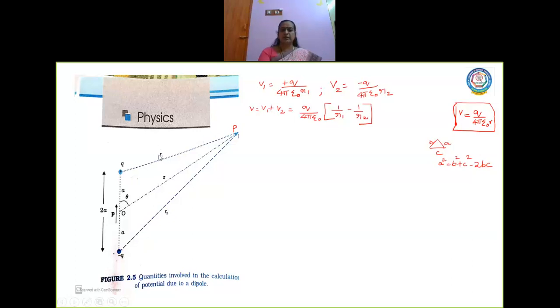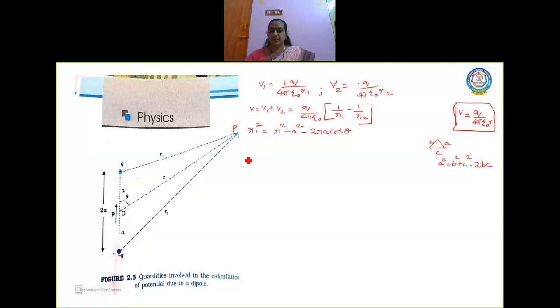I wanted to find out the value of R1. So R1 square is equal to R square plus A square minus 2RA cos theta. Is it clear? Do you have any doubt in this?